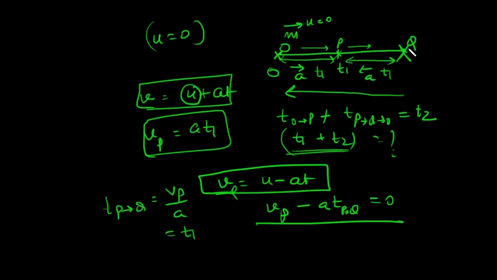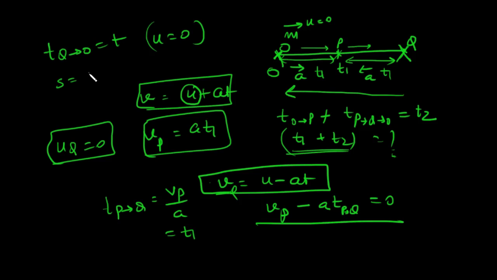Now the particle again starts from Q and ends up at O. Now what is the total time? It has started from rest, so the initial velocity at Q, when it starts from Q towards O, is 0. So only acceleration has occurred. Let us say the time taken from Q to O is T, for example.